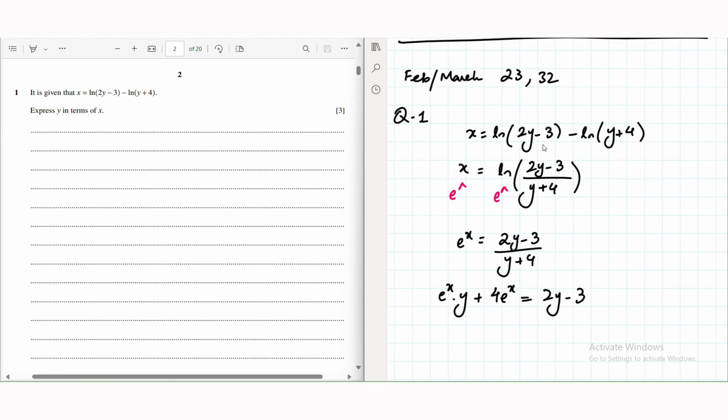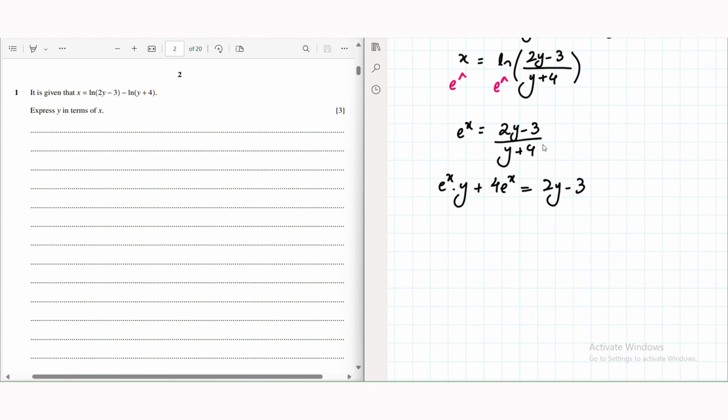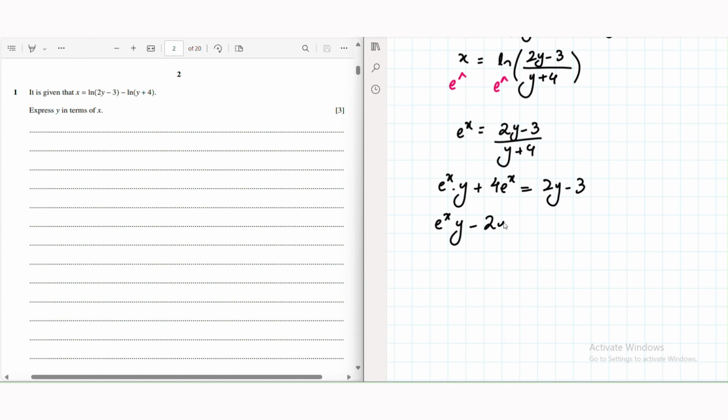Remember that y is what we need to make the subject, not x. So we pull all the y terms on one side, and we have minus 3 minus 4 e raised to power x on the other. We factorize out the y, so this becomes y times (e raised to power x minus 2), and we can take out the minus over here: minus (3 plus 4 e raised to power x).